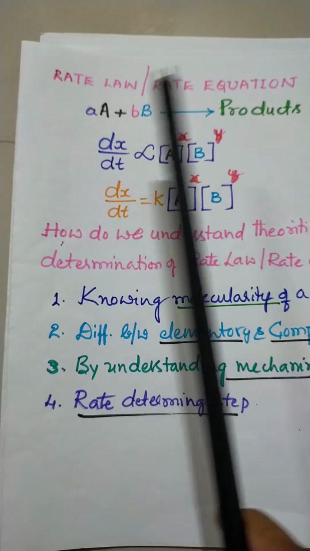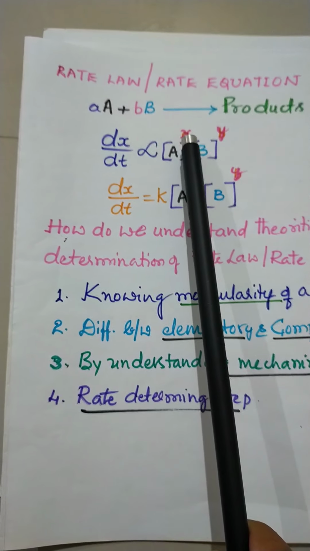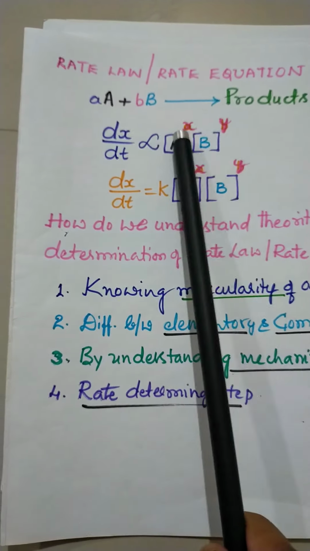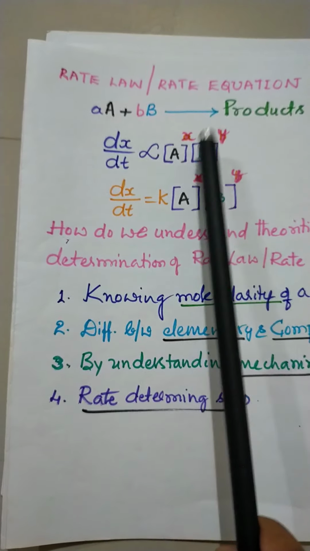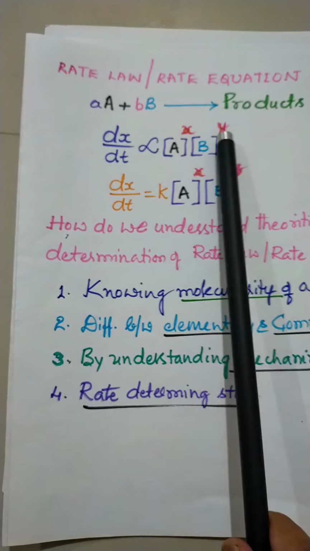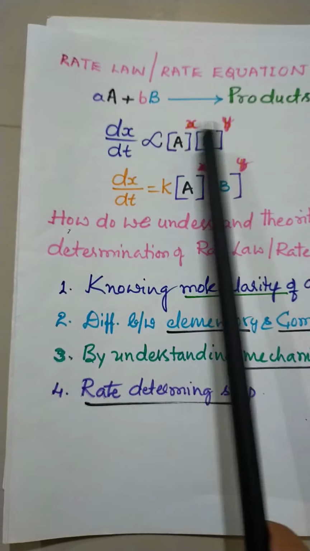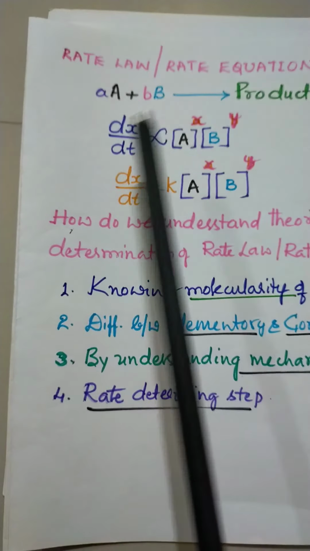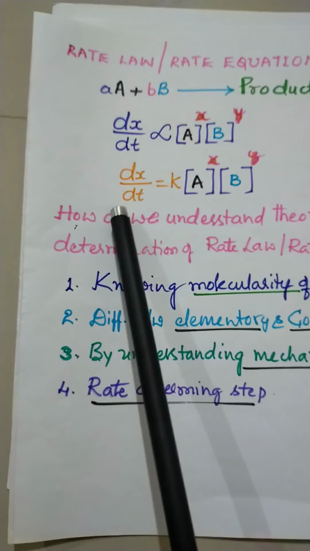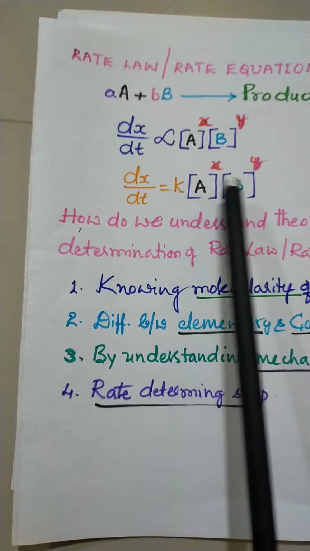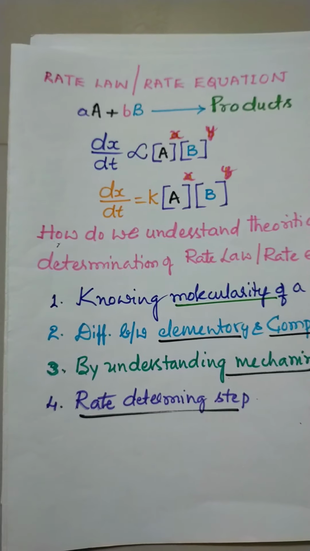In the rate law and rate equation, the concentration terms are raised to the variables x and y, because this is for an experimentally determined rate equation. We don't know the orders for the given reactants. That's why we say experimentally determined rate equations. So by removing the proportionality sign, we get the constant k: dx by dt is equal to k into the product of A and B raised to x and y.